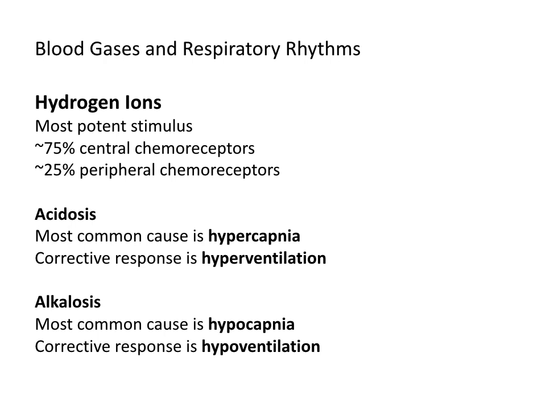Now, the corrective response for hypocapnia is hypoventilation, which is a reduction in respiratory rate. By breathing less frequently, it allows your carbon dioxide levels to accumulate so that your CO2 levels get back up to homeostasis.